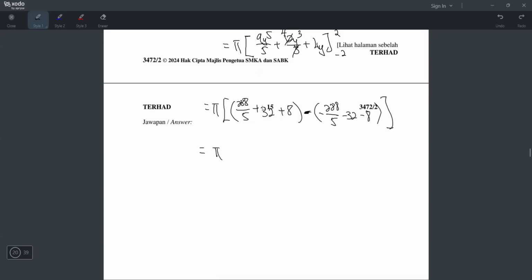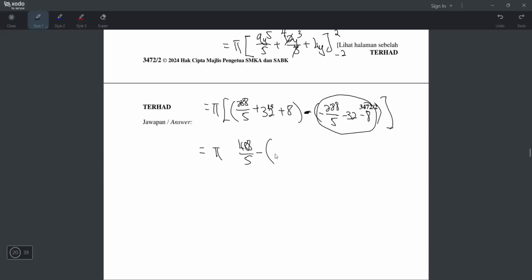So pi. Now we press all this. 288 over 5 plus 40. I get 488 over 5. And then here is minus, so I also minus. And then this one I press: negative 288 over 5 minus 32 minus 8.